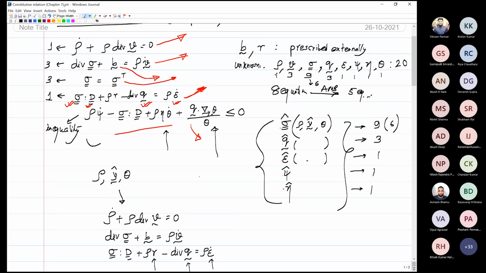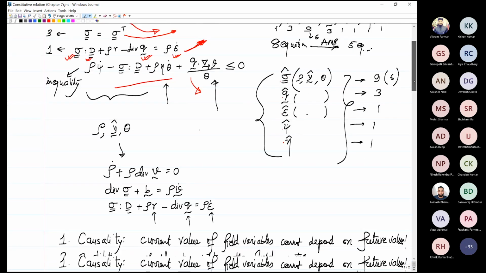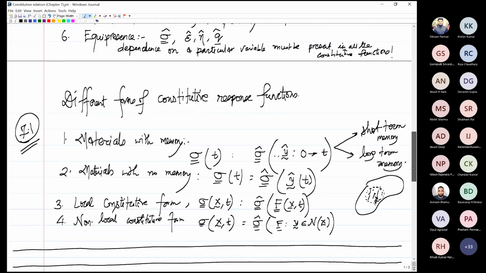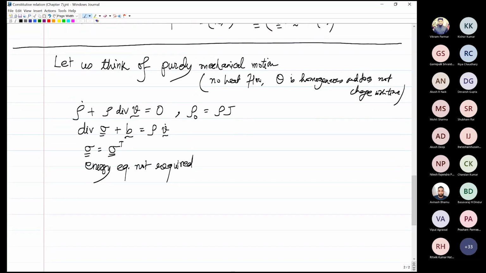So you have only the first two terms present, which means the second law equation simply reduces to rho psi dot being less than or equal to sigma double contraction D.